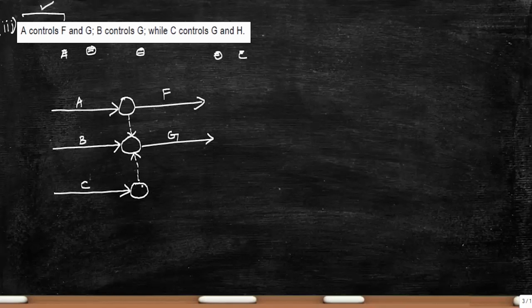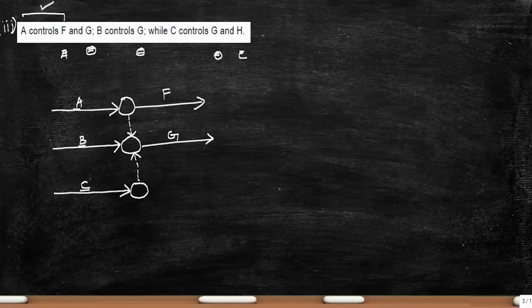So this dummy arrow from C passing through G indicates G is also controlled by C. So now this arrow diagram shows that activity G is controlled by activities A, B as well as C.